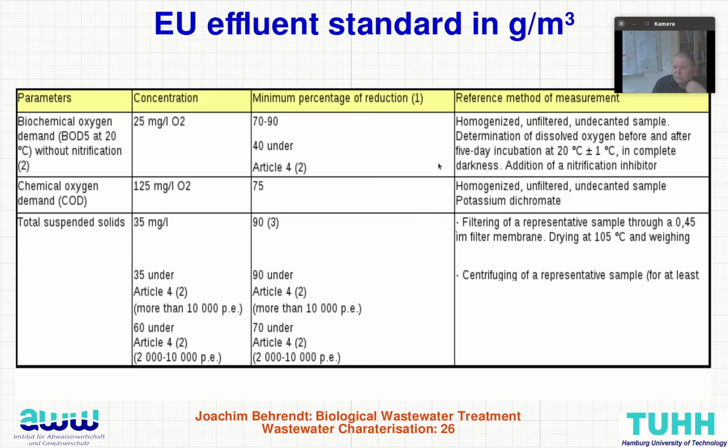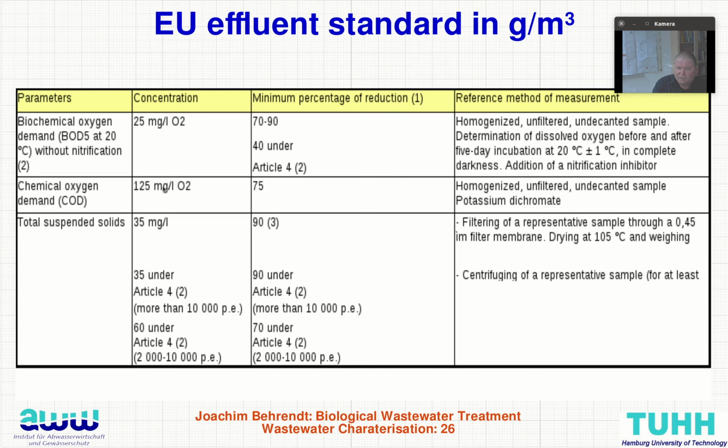What we have to fulfill is mainly described in the EU directive. This is transferred into national laws, which may be stronger, depending. We have to fulfill a concentration of 25 milligrams BOD5 or a reduction of 70 to 90%, which is normally not a big issue.